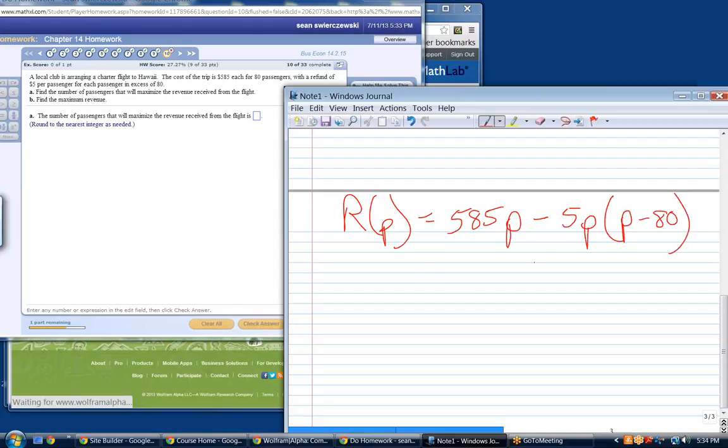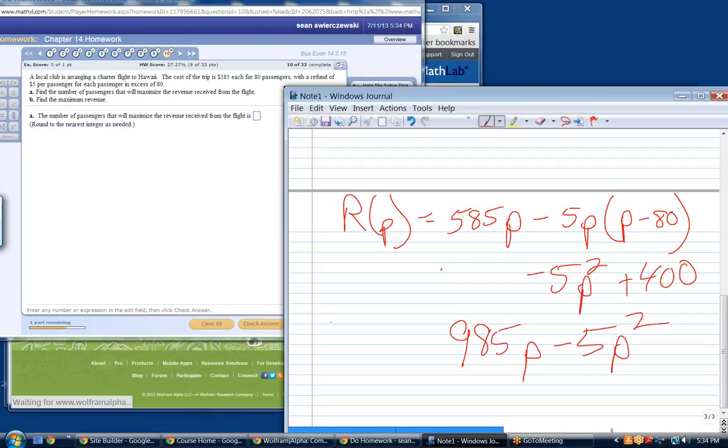No. So it's minus 5p squared minus 400 plus 400. So it's actually 985p minus 5p squared. Isn't that the revenue function?